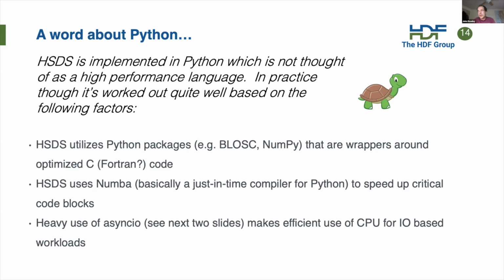Because most of your time is spent calling these other packages. We also use Numba, which is a JIT compiler for Python that gives you typically like 100 times speed up for things. And we use asyncio, which makes very efficient use of CPU for IO-bound applications.